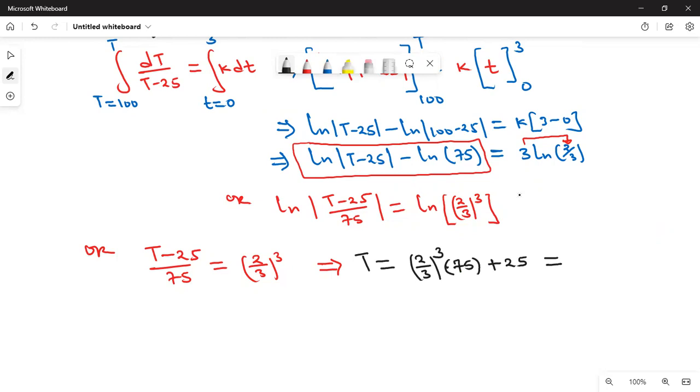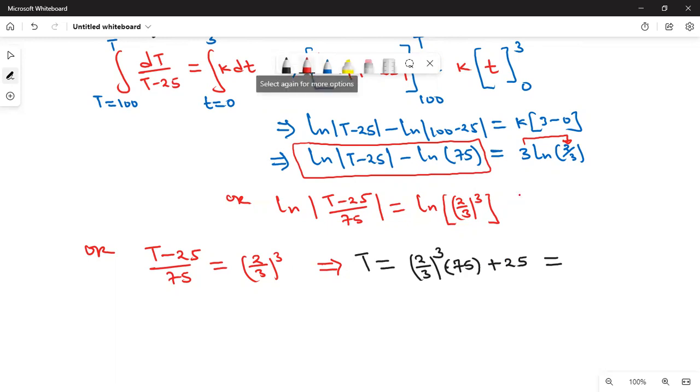Of course, 2 cubed is 8 and 3 cubed is 27. So it's like we have 8 times 75 divided by 27. The answer you get, you add to 25. And so that should give you 47.22, which is the same as 47 and 2 over 9.